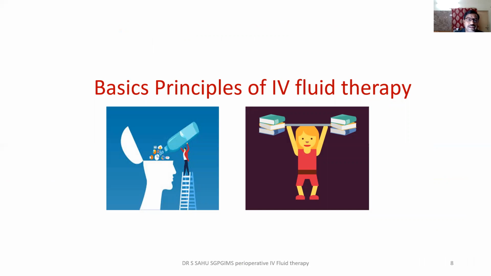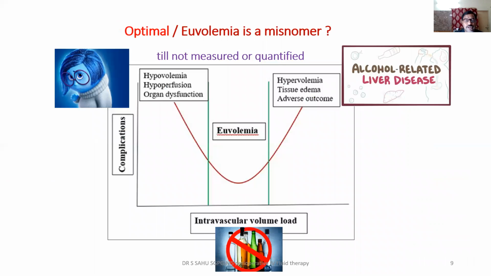To understand better, we have to go to the basics of IV fluid therapy. As shown in this diagram, we need euvolemia, because there are two forms, hypovolemia and hypervolemia.